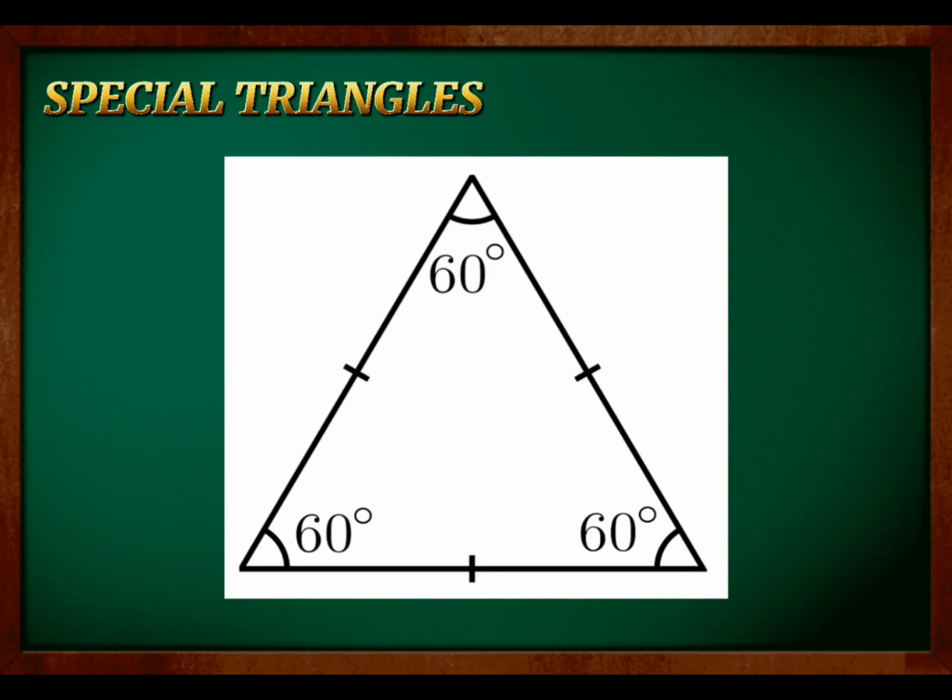We all know that the measure of all the angles in a triangle is always equal to 180 degrees. In an equilateral triangle, from the word equal, all sides and angles are congruent or equal. This is an equilateral triangle, where all the sides are equal and all the angles are equal, which measures 60 degrees each.